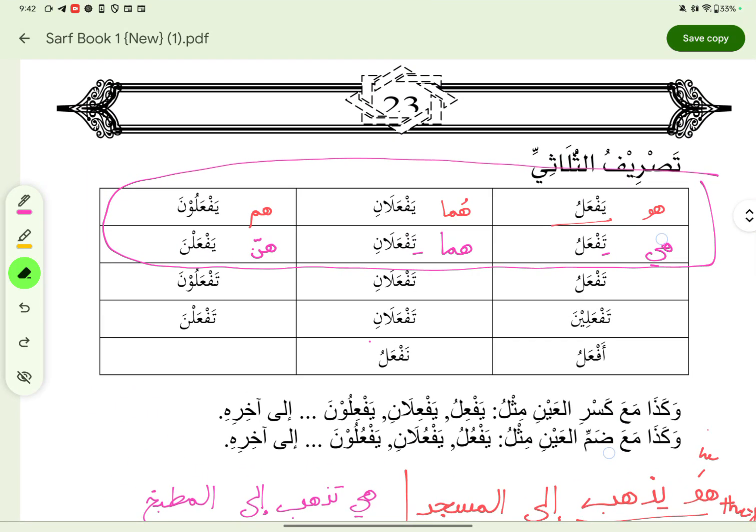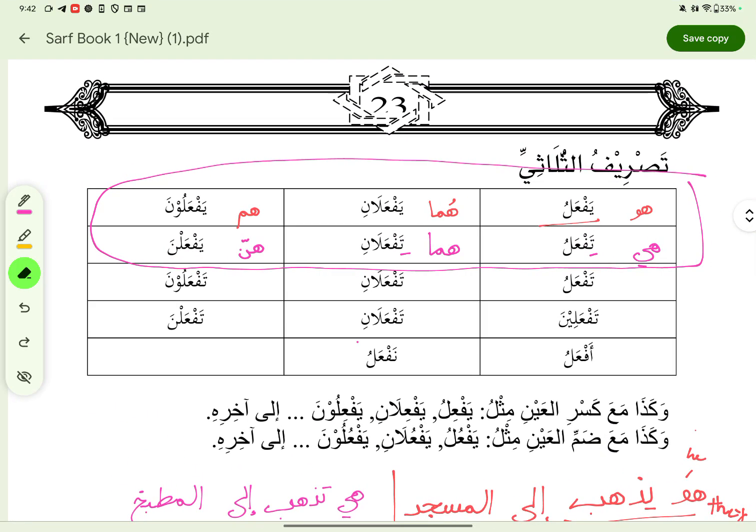Alright, so now you're going to use the word يتوضأ. Huwa would be what? هو يتوضأ. Yatawaddau. Hold on a second. Huwa yatawaddau.